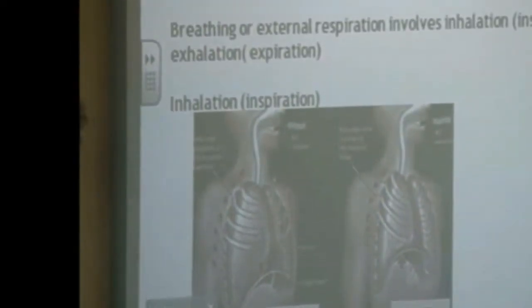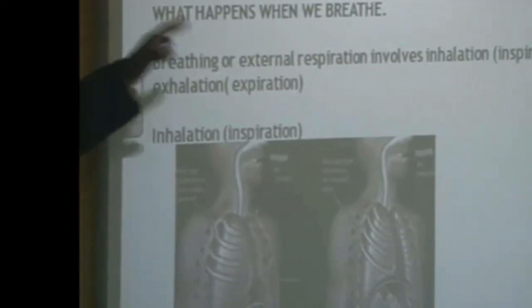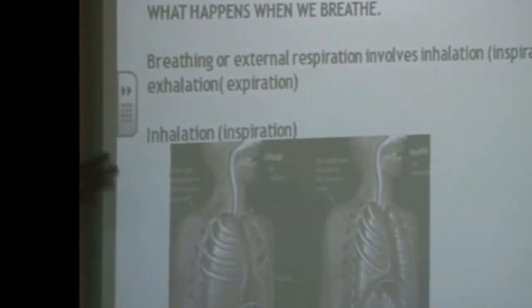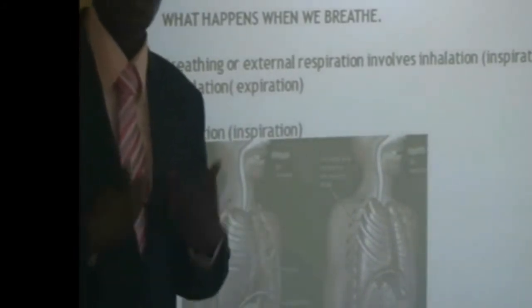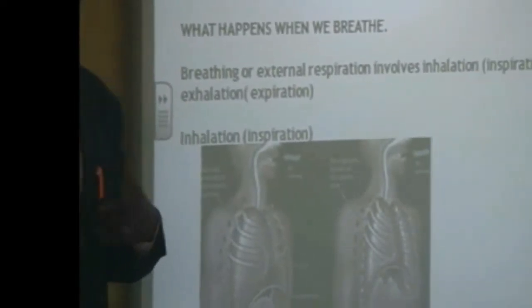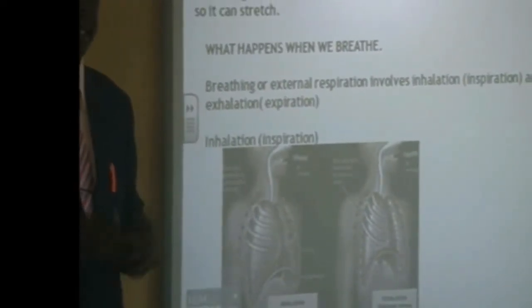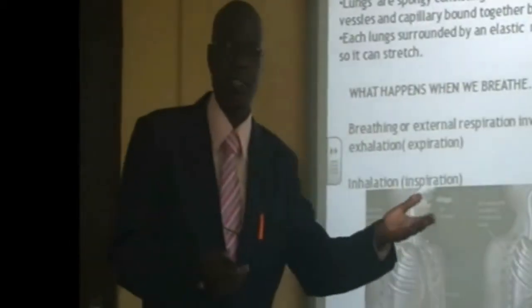Now let's see what actually happens when we breathe. We have been talking about external respiration, the exchange of gases between the cells of the body and the outside environment. We are talking about breathing. Of course, breathing is what many of us are used to.